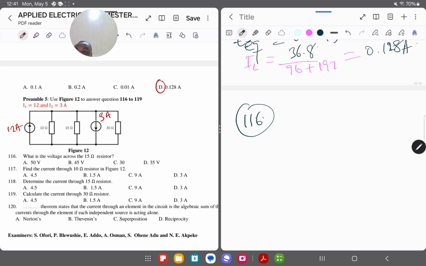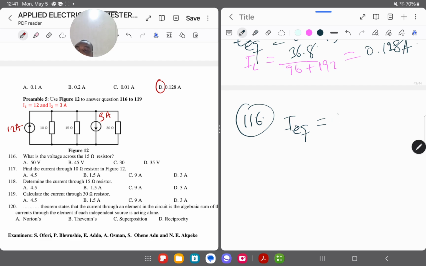You can just do the algebraic sum, or you can call this the equivalent current. Pay attention to the direction of the current. The current that is moving up we make positive, and the current that is moving down will be negative. So we are doing an algebraic sum.